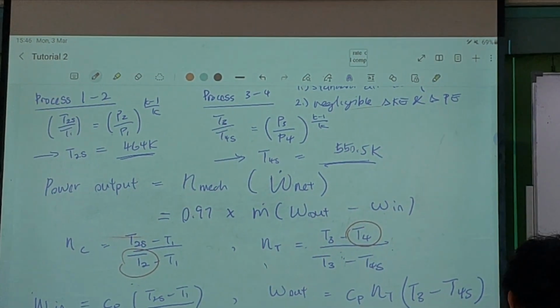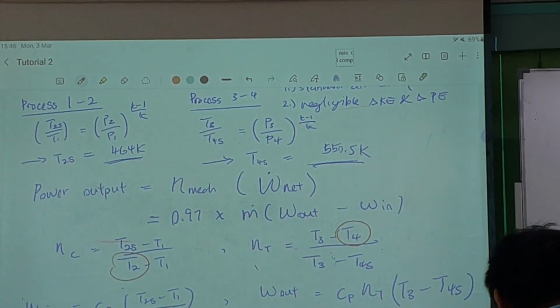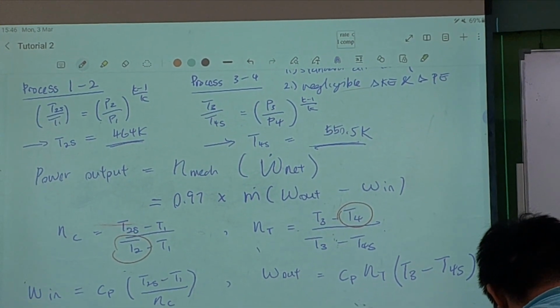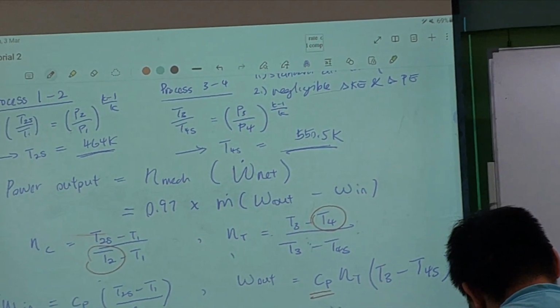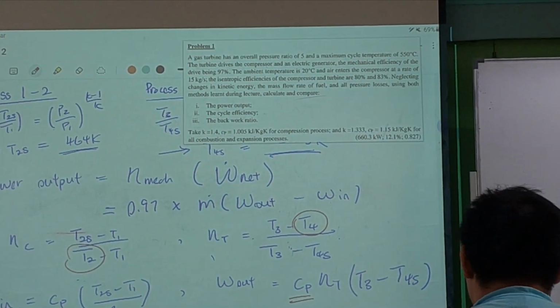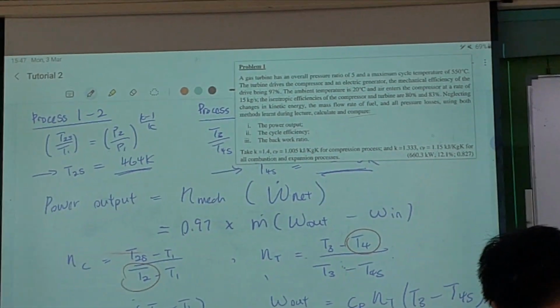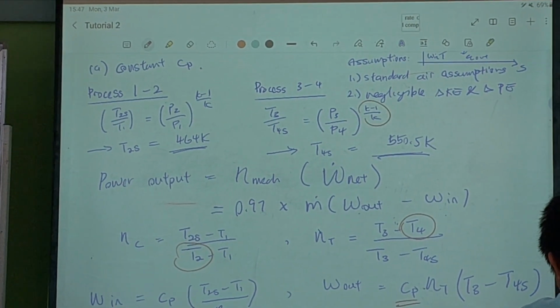This should give you the 660 kilowatt answer. Just be careful that these two Cp are not the same value, because the question says so. The two k also are not the same value, this k and this k.